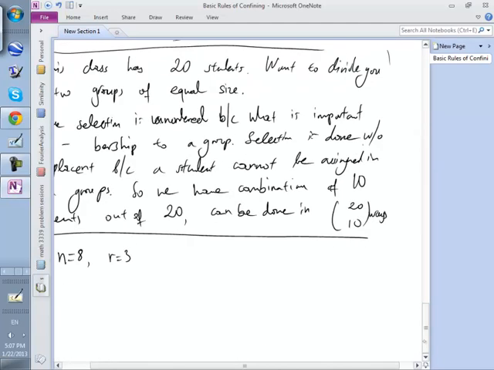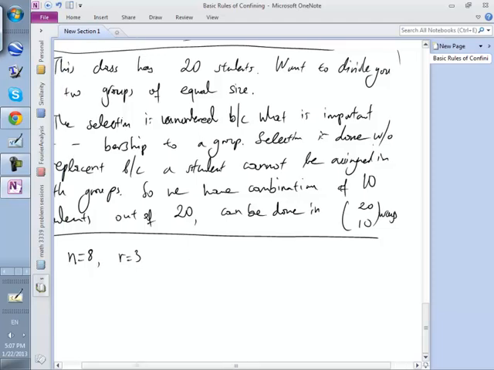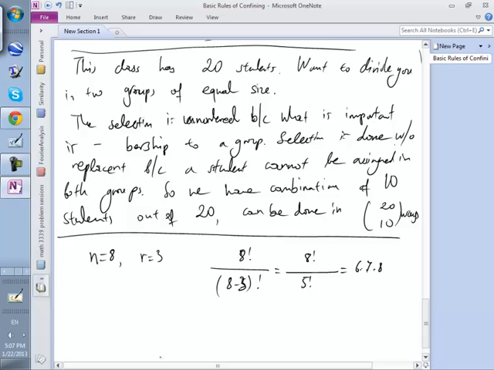So this can be done in 8 factorial divided by (8 minus 3) factorial, which is 8 factorial over 5 factorial. So it is 6 times 7 times 8 ways, whatever this number is. Okay, because we have permutations.